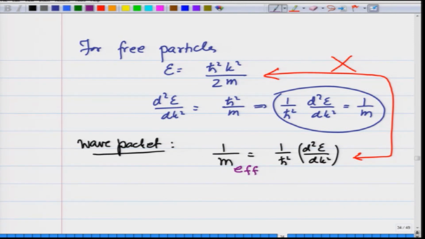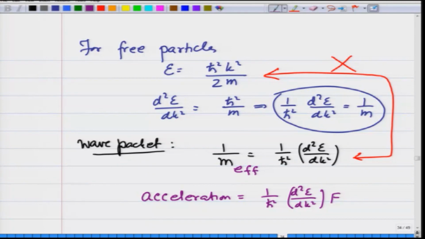This is how massive the particle appears to be when you apply a force, so that its acceleration is equal to 1 over h cross square d2E by dk square times f, and this effective mass is the quantity that will appear when we consider transport of electricity or current in a solid system where the current is carried by electrons.